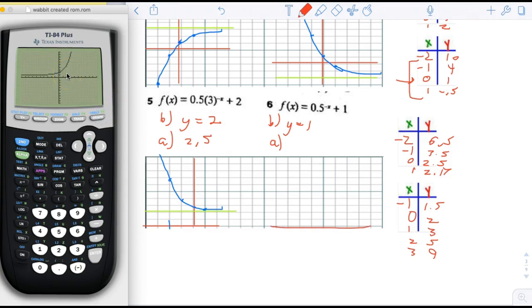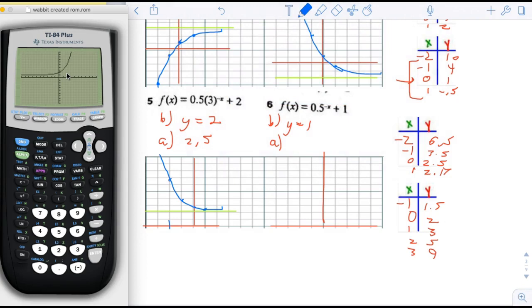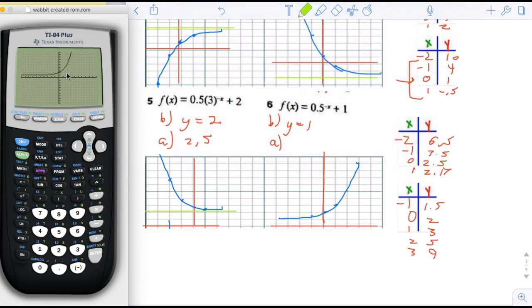So I'm just going to put my lines there and start graphing my points. Negative 1, 1.5 is about there. 0, 2 is there. 1, 3 is here. 2, 5 is here. And 3, 9 is here. And where is our horizontal asymptote?